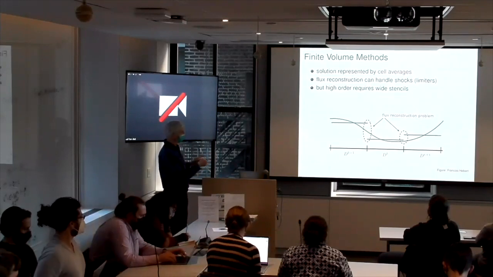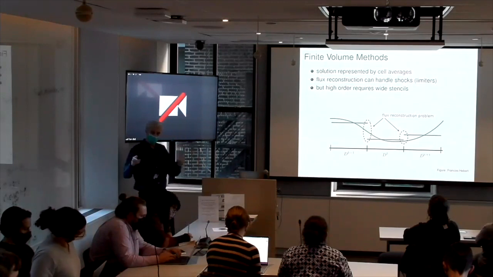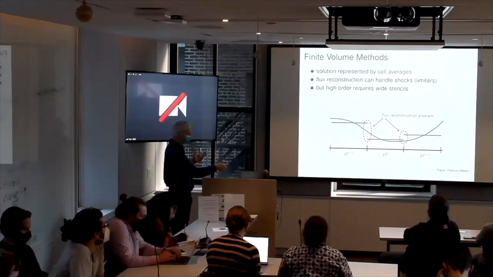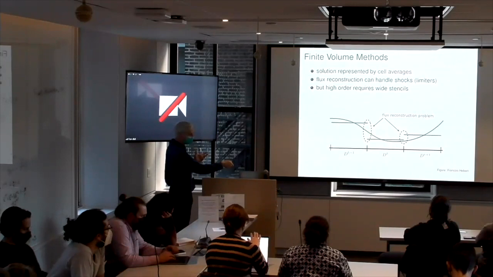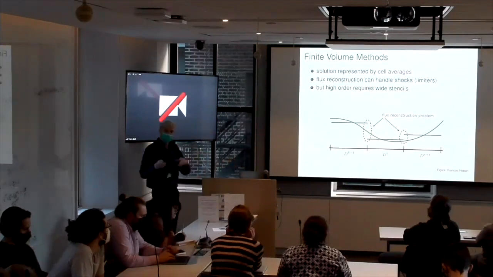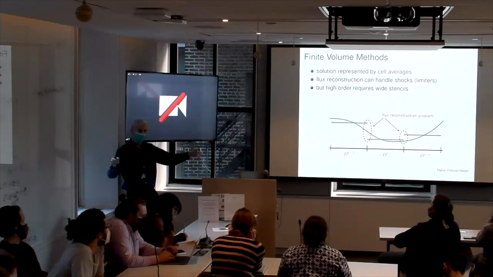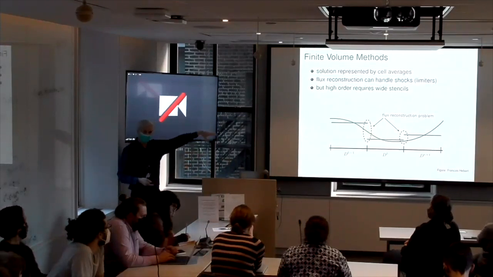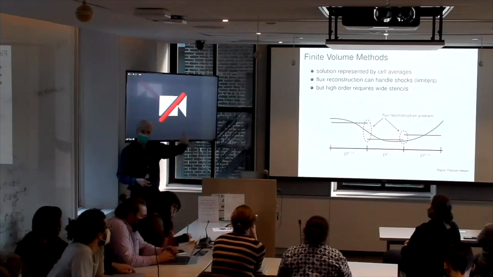The problem with this method is if you want high order, you only have one grid point here. So to get high order, you have to couple together. You have to get information from not just the nearest neighbor, but it could be several neighbors away. And that hurts you when these other cells might be living on different processes and you have to communicate information.